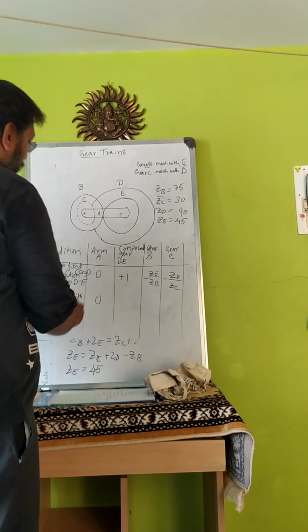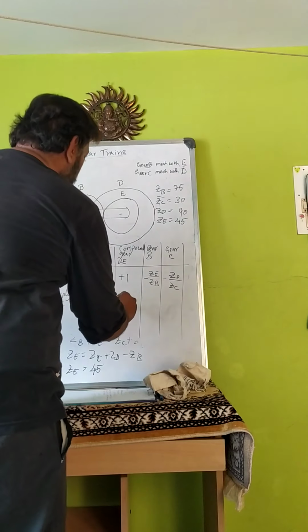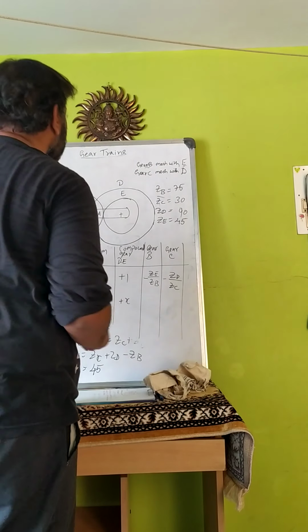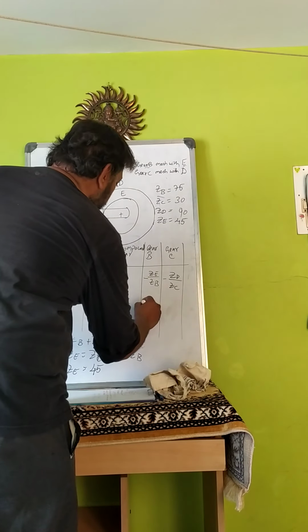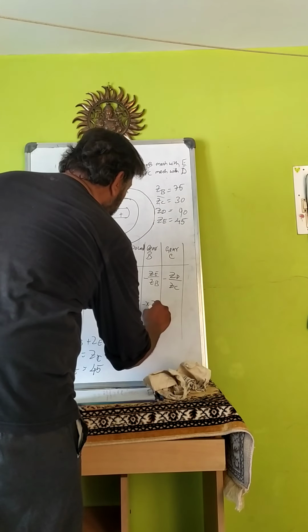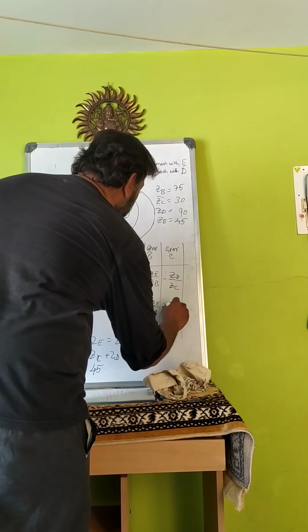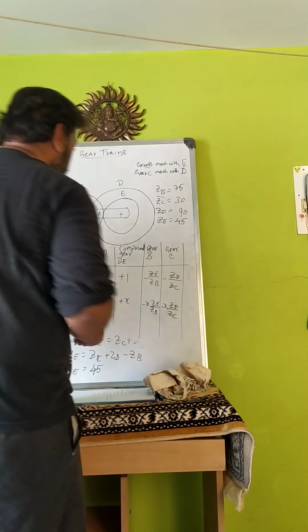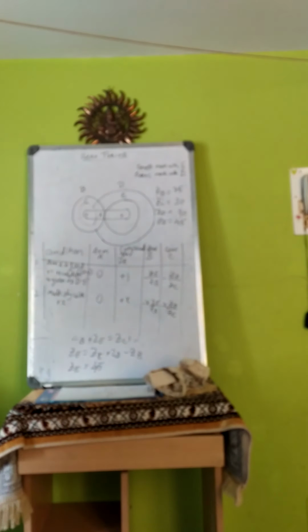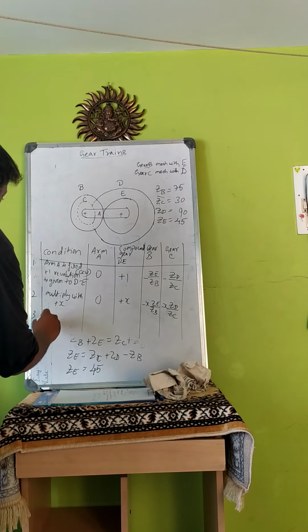Here we don't have anything, so if you multiply also you will get 0. So this will become plus X, and here it is minus X ZE by ZB, and here also minus X ZD by ZC.